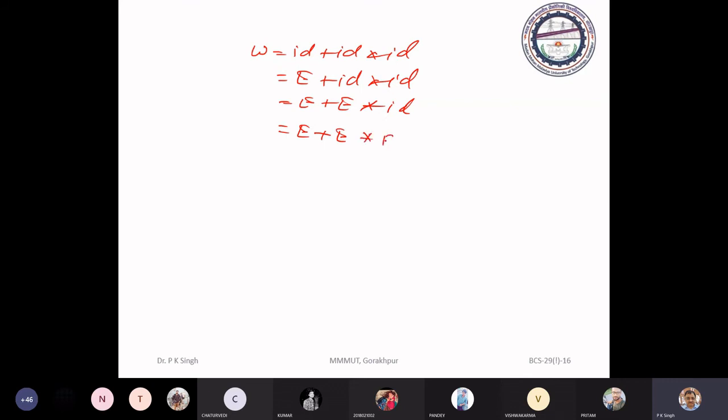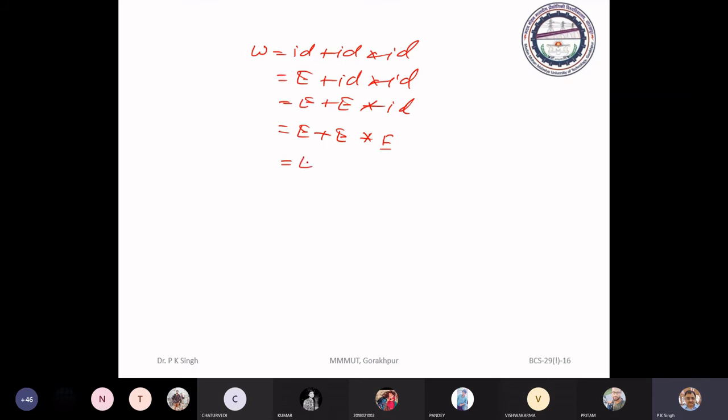So you have got this E plus ID into ID. Then you have got E plus E into ID. Then we will not reduce E plus E to E. We will do this.